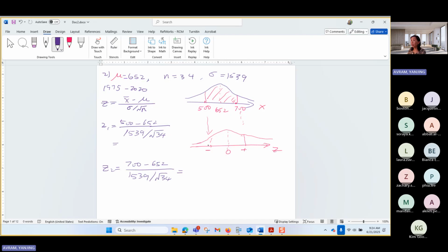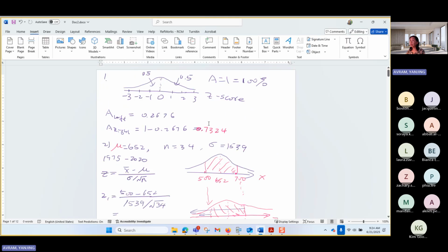So how do you find the area in the middle? The first G-score, this is the area to the left. The second G-score is also from here all the way to the left. Okay, so you're using the big area minus the small area, which will be your area in the middle. Okay, so we talked about that earlier. How do you find the area to the left? Area to the left is you reading the table.